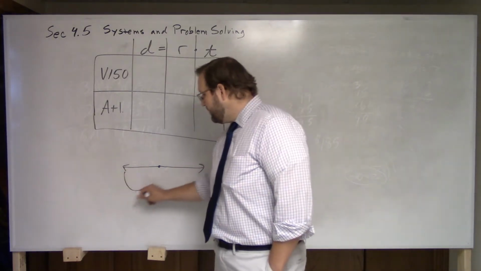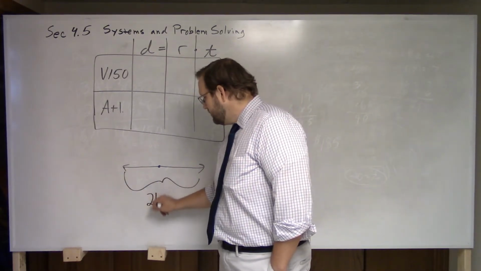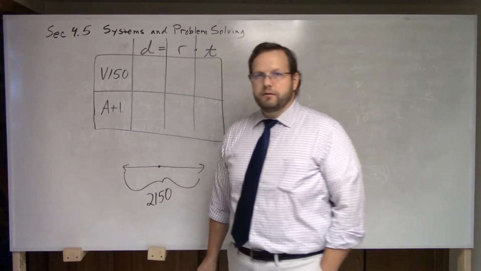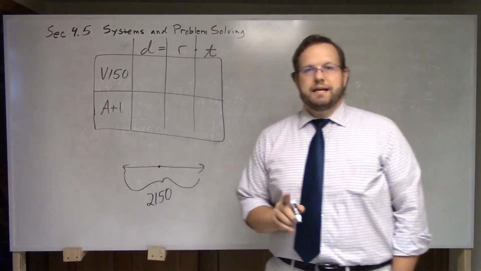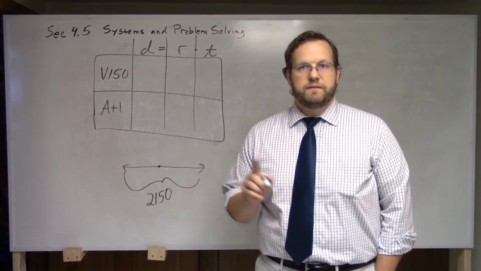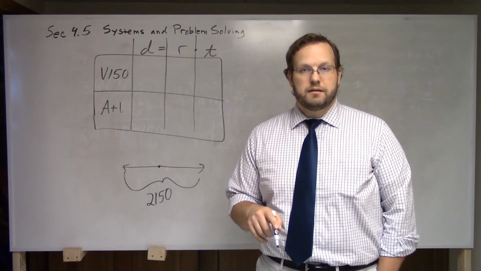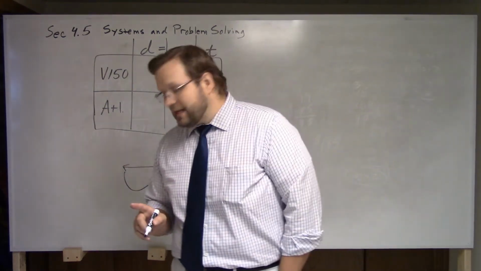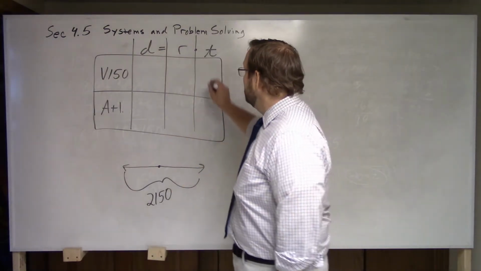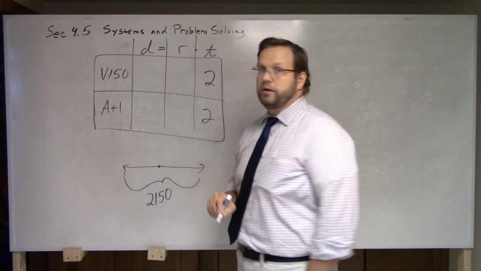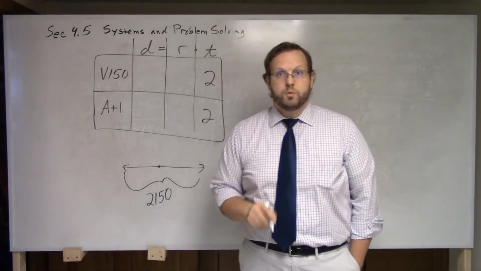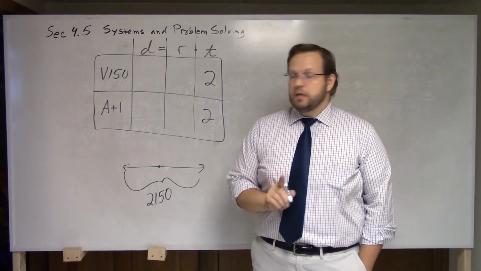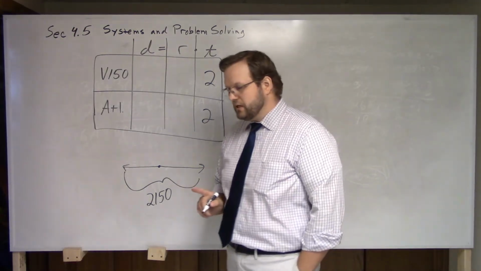When we deal with that distance apart, please realize that that distance is a combination of each of their individual distances. But if they're leaving at the same time and 2 hours pass, then they're each going for 2 hours. Okay, so we can fill in those times. But the distance, let's hold off on that for a second.